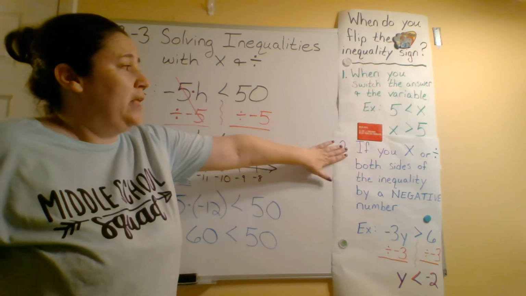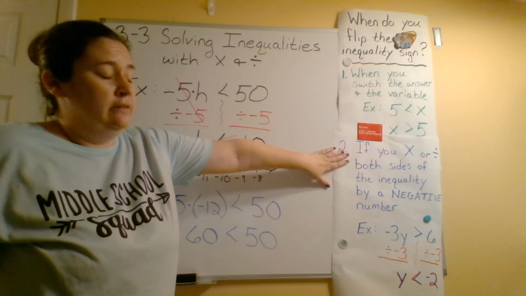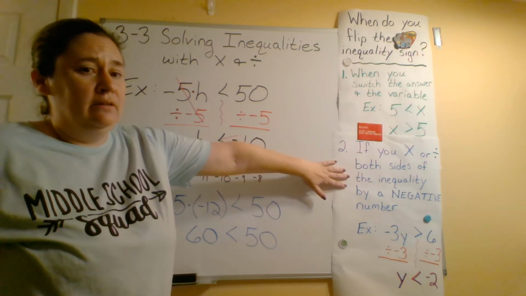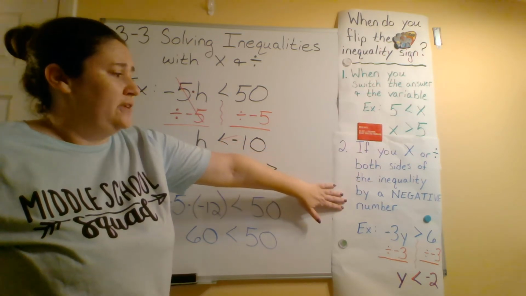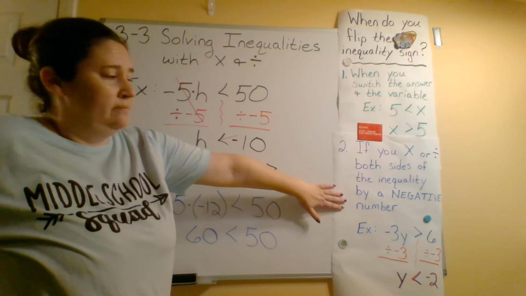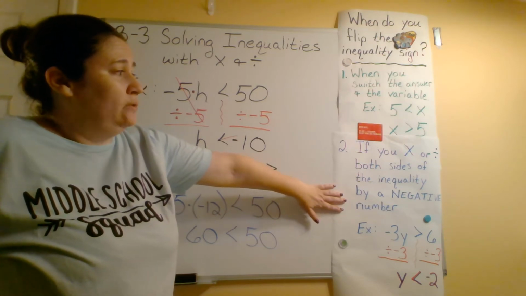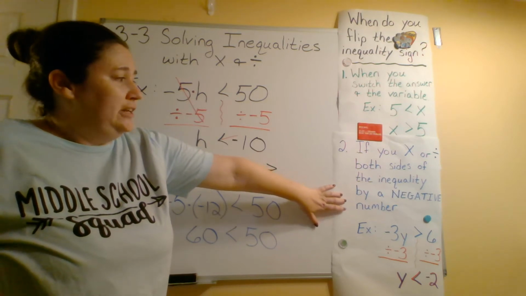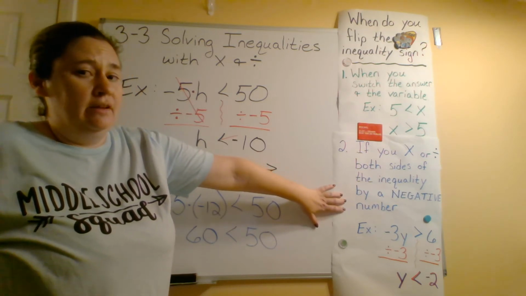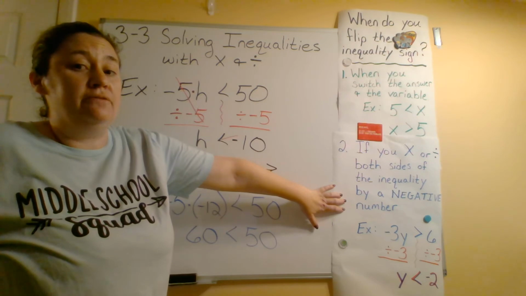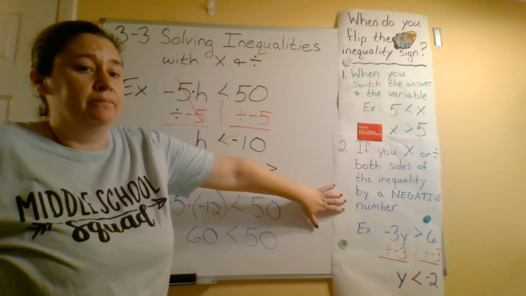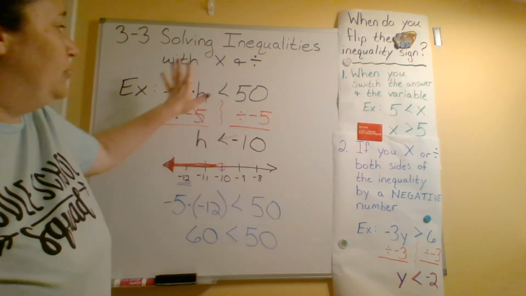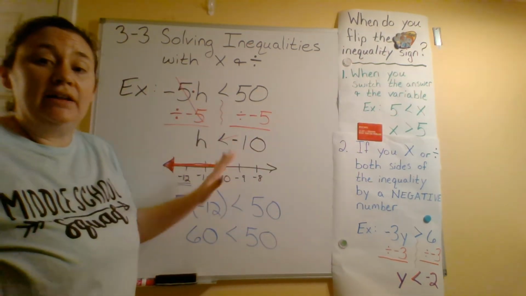If you multiply or divide both sides of an inequality by a negative number, and you don't have to write this example because we have one right here where we're going to go back and flip this sign.